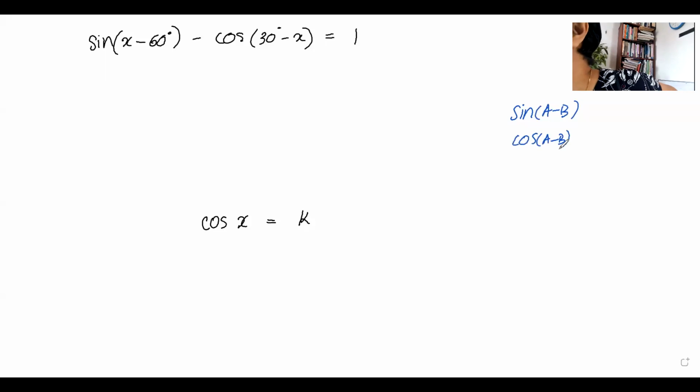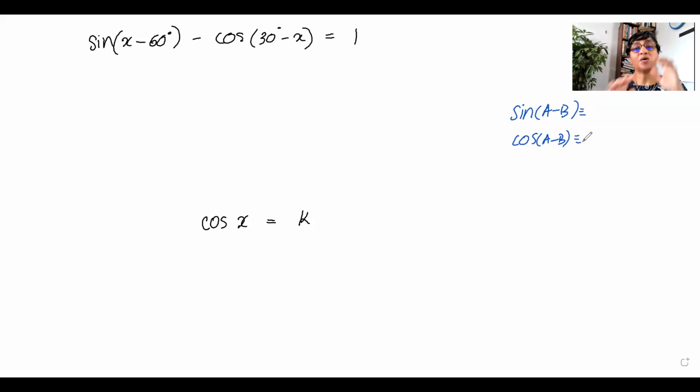Let me just quickly, okay, do you remember these identities?